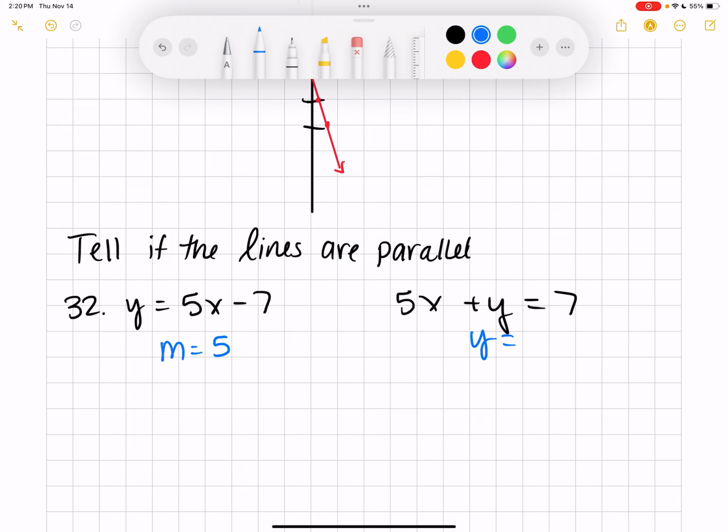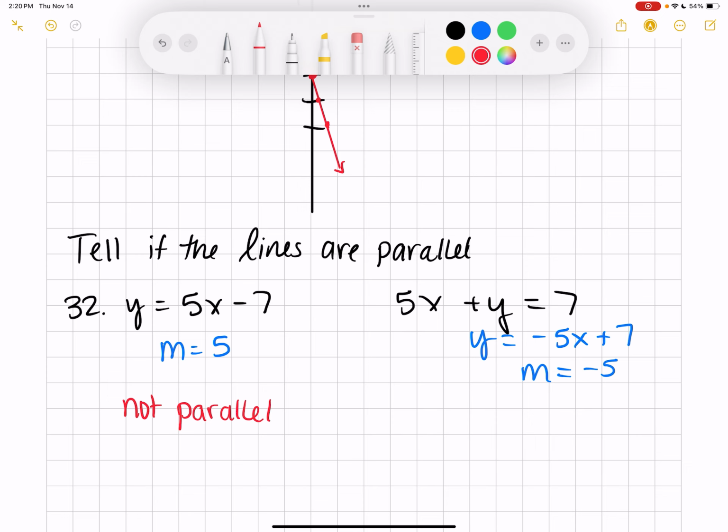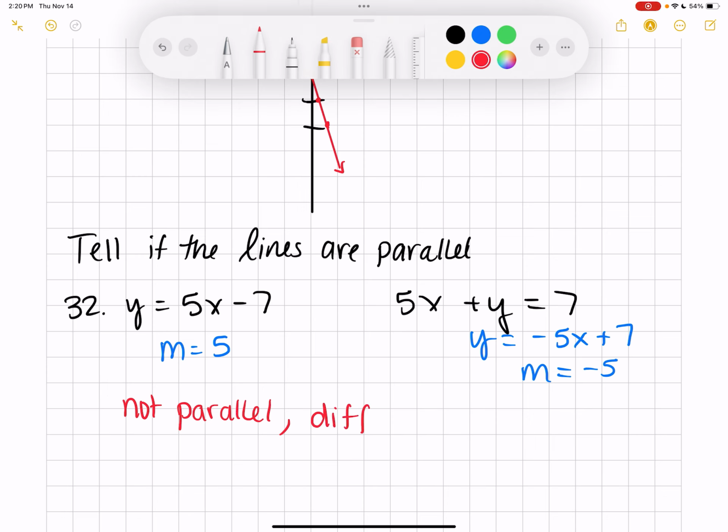So I get y equals negative 5x plus 7. So what's the slope? Negative 5. Do these have the same slope? No. So these are not parallel. They have different slopes. Okay, so it wants to know why. So you need to say they have different slopes.